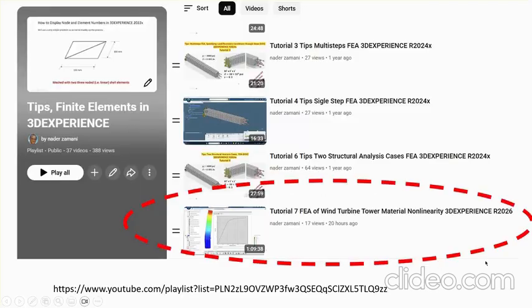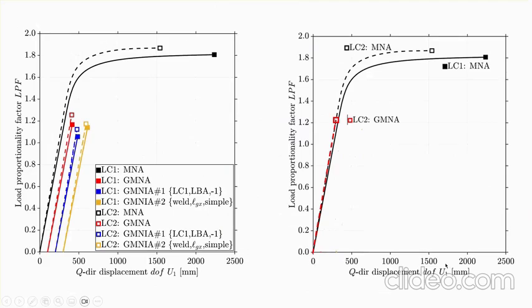Now I'm going to extend that, and I have saved that video, and it's in this playlist down there. What I'm going to do is activate the geometric nonlinearity effect, and the result that we're going to be comparing our calculations with is this red dashed line.